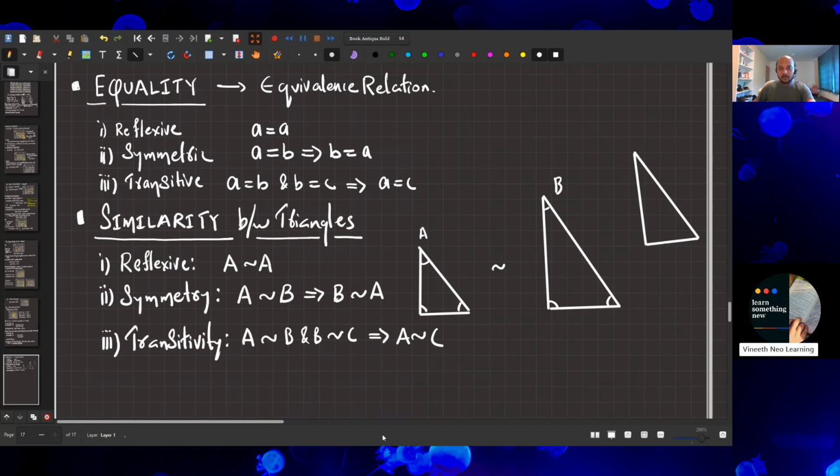B is similar to C. A is similar to B, and B is similar to C, so we can write A is similar to C.